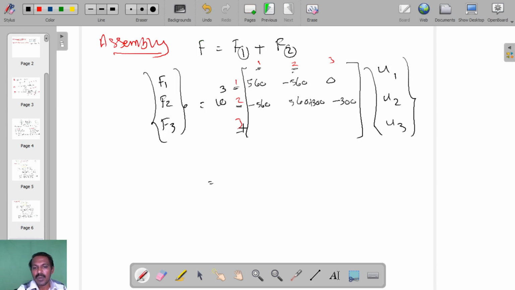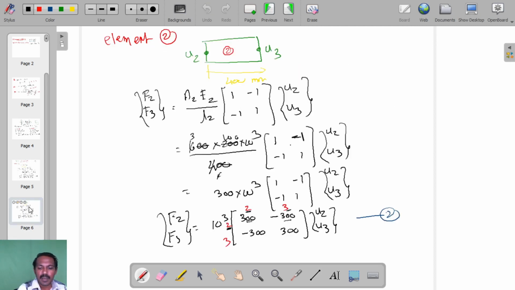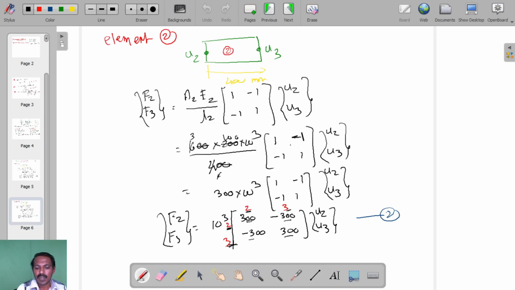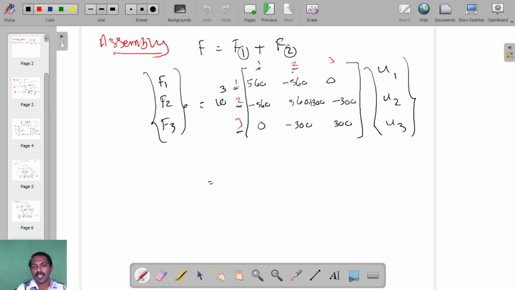The third row, first column is not there, so 0. The third row, second column is minus 300, and the third row, third column is plus 300. So this is the assembly.